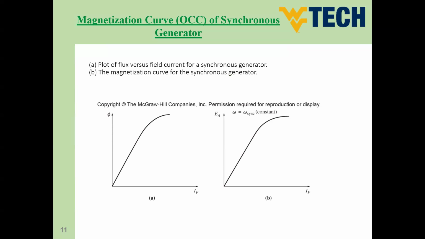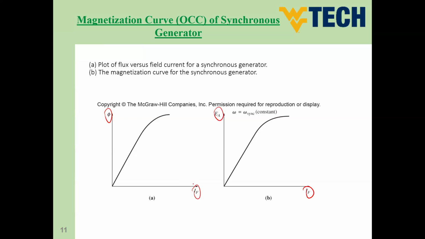So the magnetization curve or the open circuit characteristic of the synchronous machine can be like that, as you can see here. So if you would like to see the relation between the induced volt and field current, or the relation between flux and field current, actually this is the relation between flux and field current that we know from magnetic circuits.